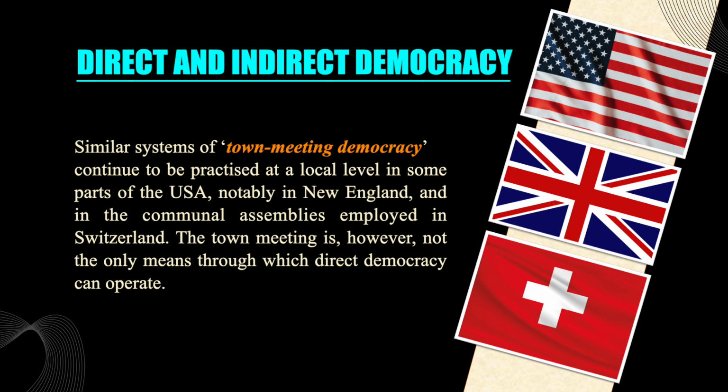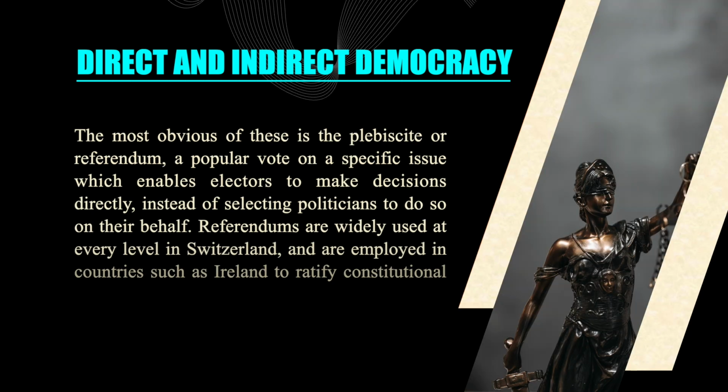The town meeting is, however, not the only means through which direct democracy can operate. The most obvious of these is the plebiscite or referendum, a popular vote on a specific issue which enables electors to make the decisions directly, instead of selecting politicians to do so on their behalf.